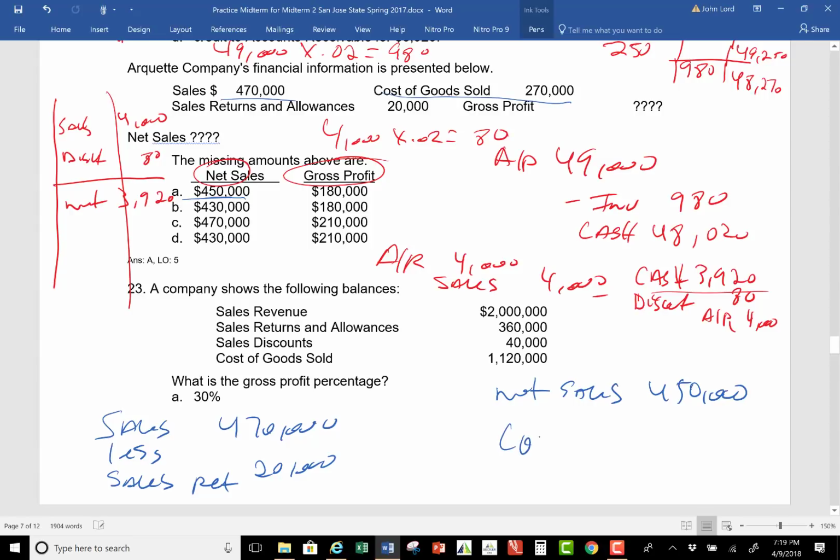Cost of goods sold is 270. Net sales minus cost of goods sold of 270 gives me gross profit of 180, I guess. There we go.